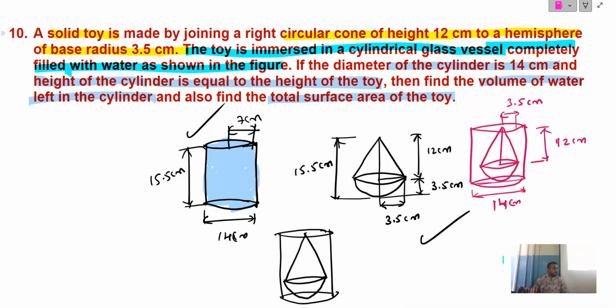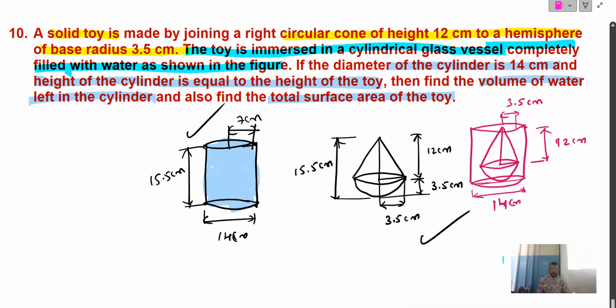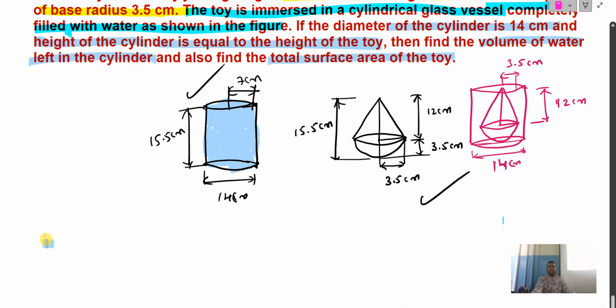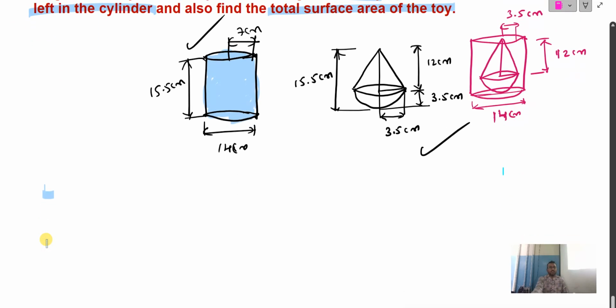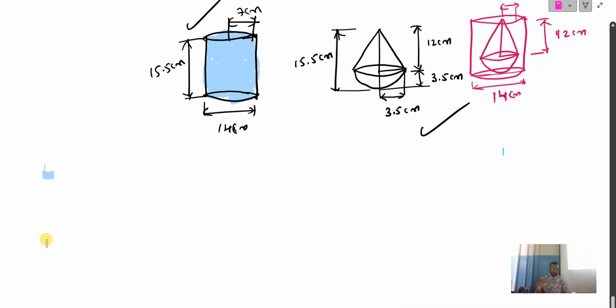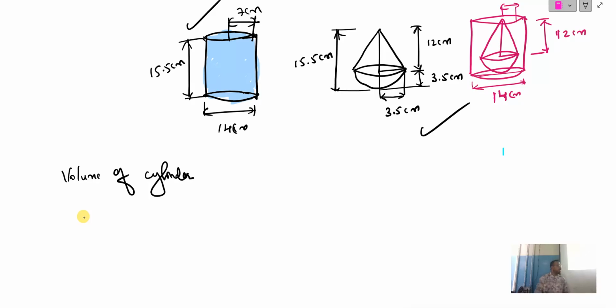Pi 22 by 7 into r square 7 into 7 into height 15.5. 7 gets cancelled. 22 into 7 into 15.5 is 2387 centimeter cube. Am I right? Clear?